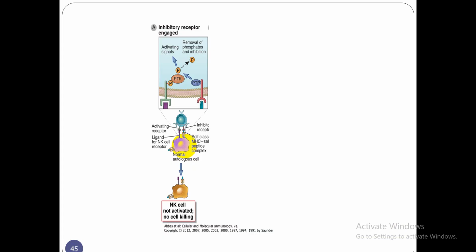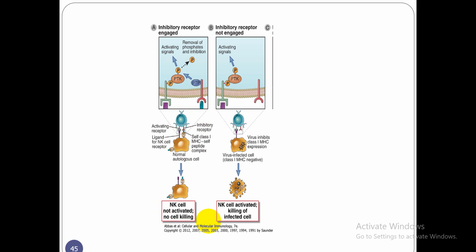Here you see we have a normal autologous cell of the body, and this normal cell can express MHC class I on its surface, and this MHC class I could engage the inhibitory receptor of the NK cells, so we do not have the activation of the NK cell. But in the second part, we have a virus infected cell.